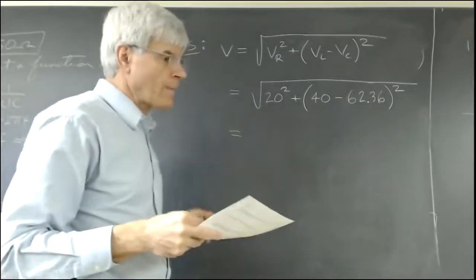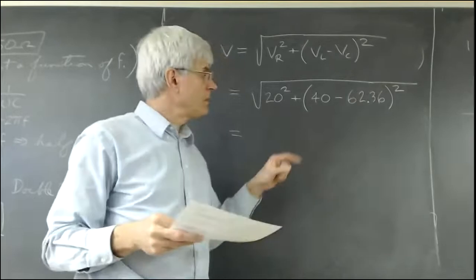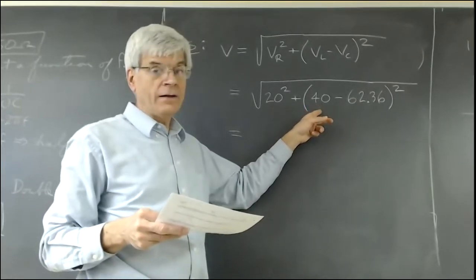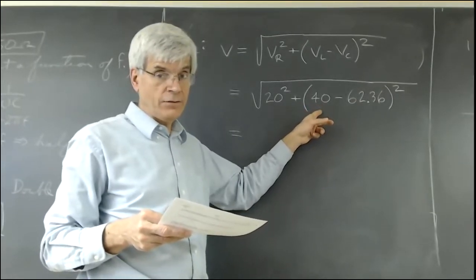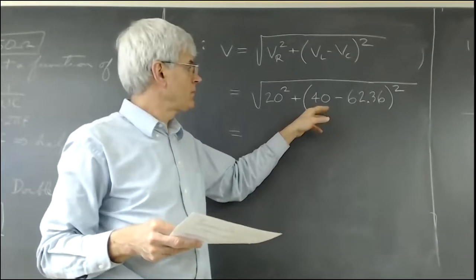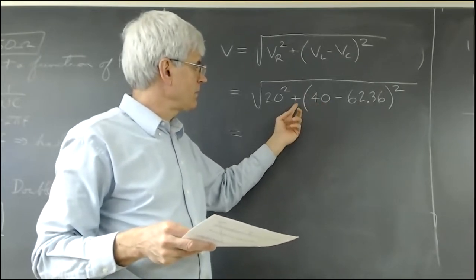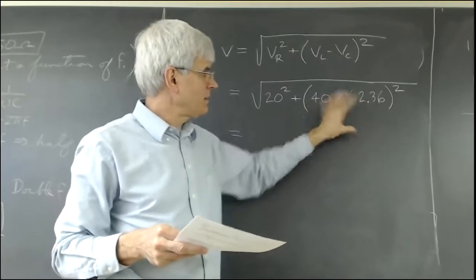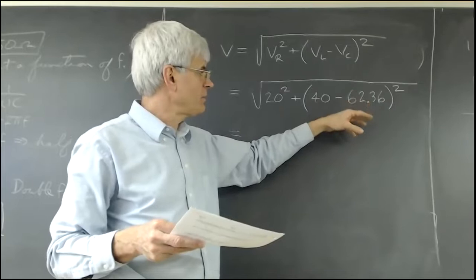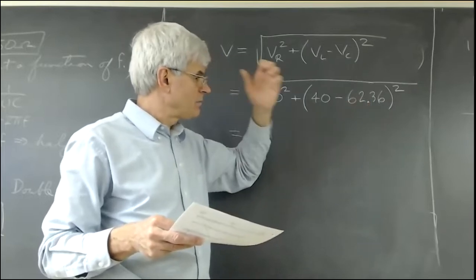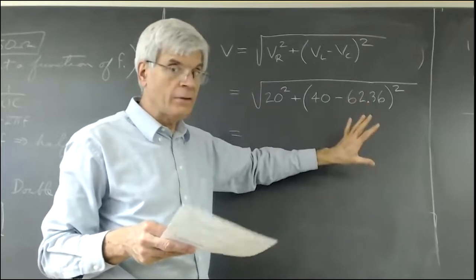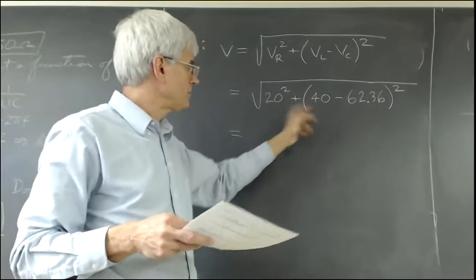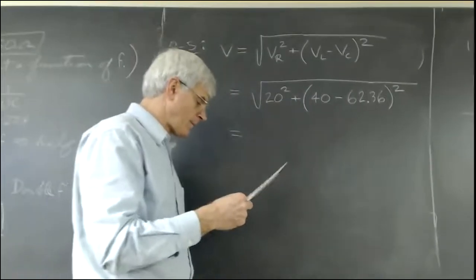By the way, maybe I should remind somebody that when you square a negative number, the minus sign goes away, okay? So once in a while, somebody ends up subtracting in a case like this because they think that 40 minus 62 gives you something negative, but the minus sign goes away when you square it, and you end up adding, not subtracting.